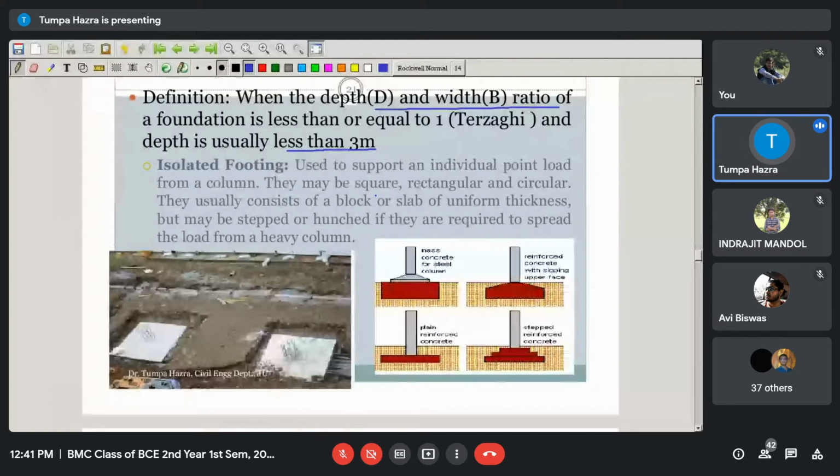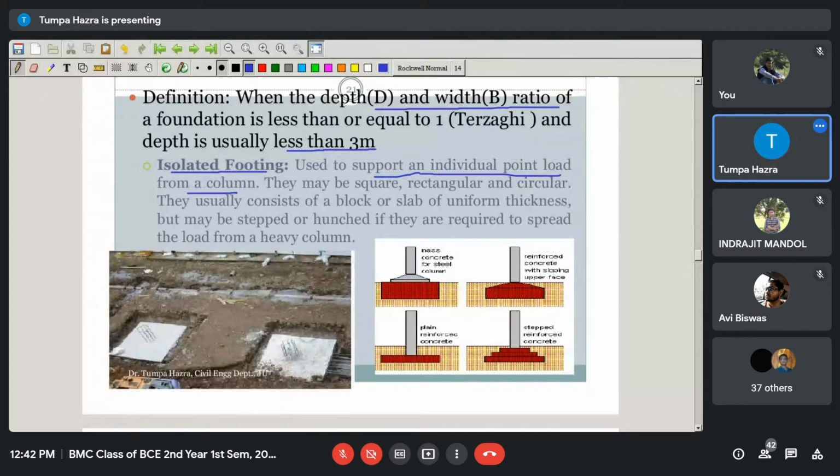Now, what is isolated footing? This is the picture of the isolated footing. Whenever any footing is used to support an individual point load from a column, then it is known as the isolated footing.